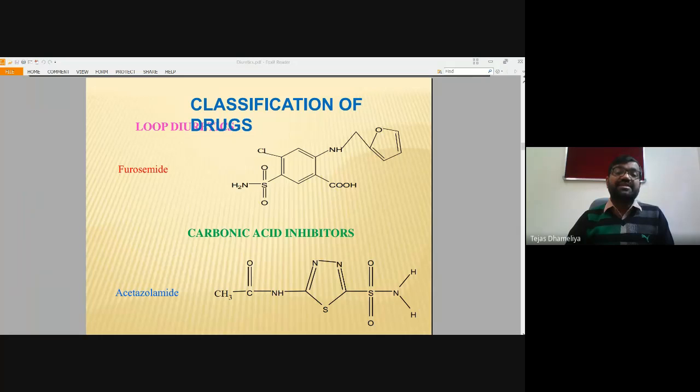That's why they are termed potent diuretic substances.